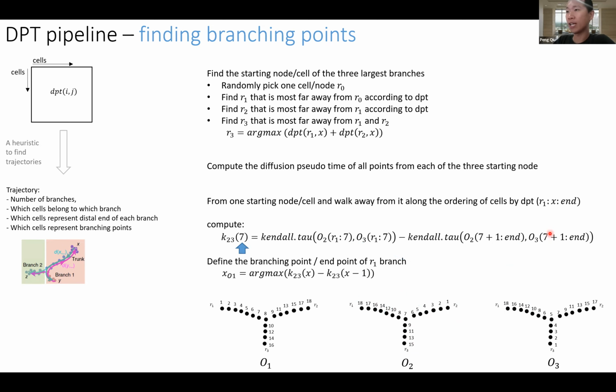But if we gradually walk down the R1 branch until we reach the convergence or the branching point among the branches, then what we'll see is that for the cells that we hypothesize to be on the R1 branch, the numbers we attach to these cells are perfectly positively correlated, and the numbers we attach to the nodes corresponding to the rest of the data are perfectly negatively correlated.